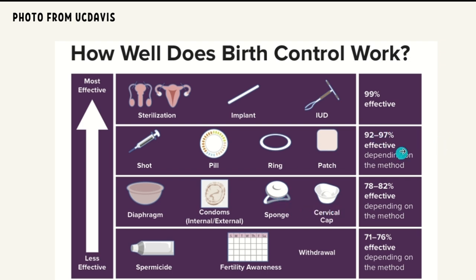Then 92 to 97% effective: you have the patch, the ring, the pill, and also the shot. Then 99% effective: you have sterilization, which means they tie their tubes, or have an implant, or you get an IUD. An implant is something they put in the arm, I think. I don't necessarily remember.